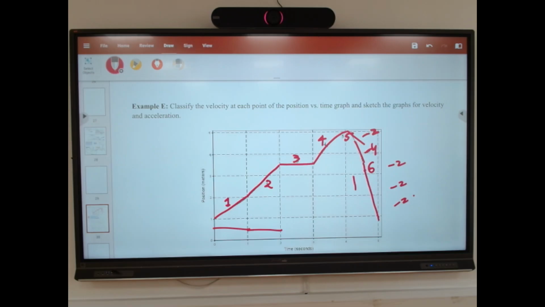From 2 to 3 is 0. Then 3 to 4, what is happening? It is decreasing. You should start from high, right? Then decreasing, because at the top point it will be 0. But from 4 to 5, in the fifth part, it is negative.